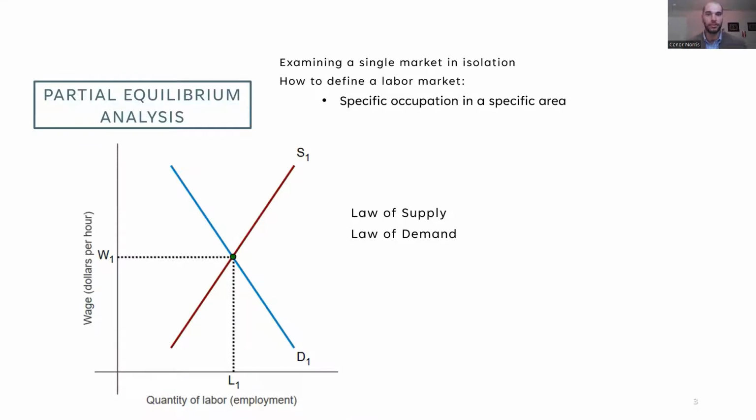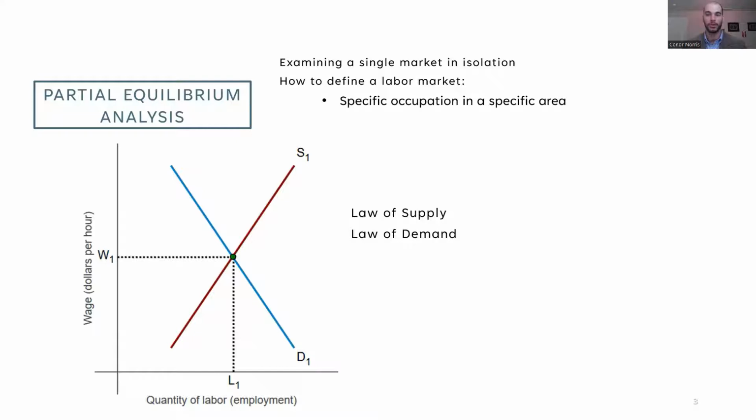So let's start with the law of supply. The law of supply is that supply will always be upward sloping. In the labor market, this means that as firms are willing to pay higher wages, more people are going to be willing to work. People who were formerly unemployed, who were willing to forego work, if you give them a high enough wage, will start entering the labor force.